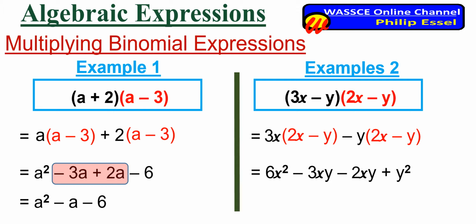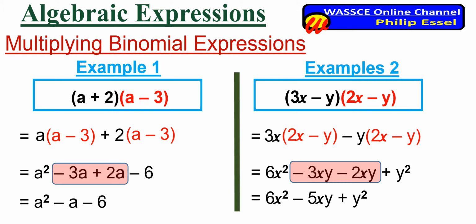At this point, we'll be grouping like terms. When you look at the expression carefully, you would realize that negative 3xy minus 2xy will be our like terms. Negative 3xy minus 2xy would give us negative 5xy.